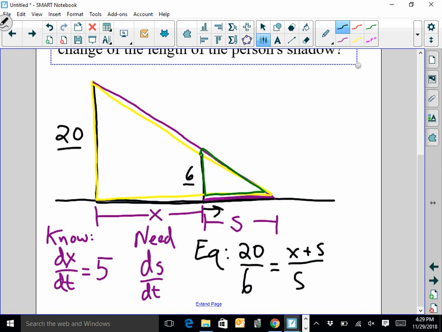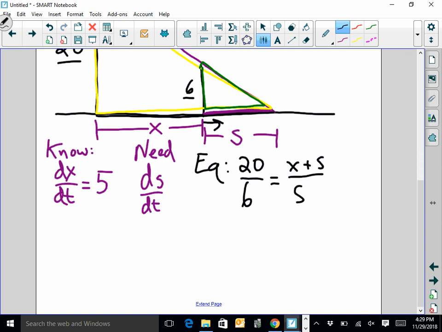Now you may say, oh, this looks like an awful thing to derive because we are going to have to do a quotient rule, and it's just going to get ugly and messy. Okay? But it's really not that bad, because watch what we can do. If you knew numbers, your method for solving proportions would be to cross multiply. So let's do that and see what happens. Here we get 20s equals 6x plus 6s.